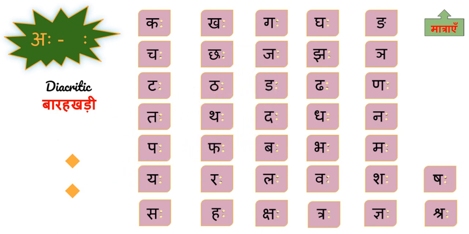When this diacritic is placed on these consonants, they look like this. And they will be pronounced with aha sound after the consonant, like kh, kh, gh, ghh, and so on.